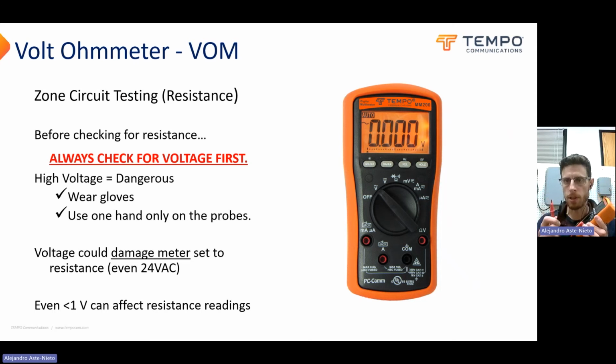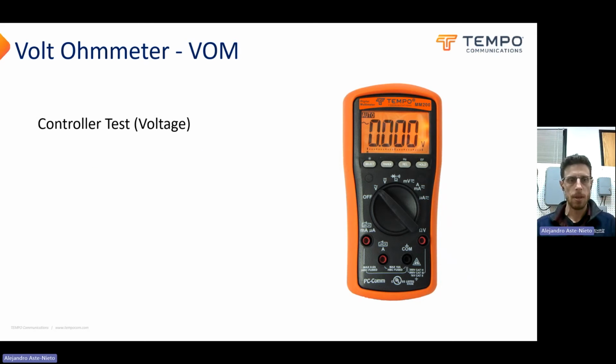It's going to measure that amount of current because of Ohm's law, I equals V over R. And from the amount of current flowing through the circuit created by these probes, it will be able to calculate with precision what that resistance is. So if you have some other kind of voltage introduced in the circuit, it's going to affect your readings and give you something incorrect. So always check for voltage before resistance is the lesson there.